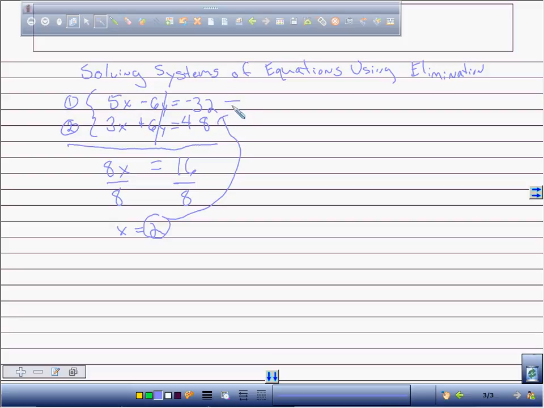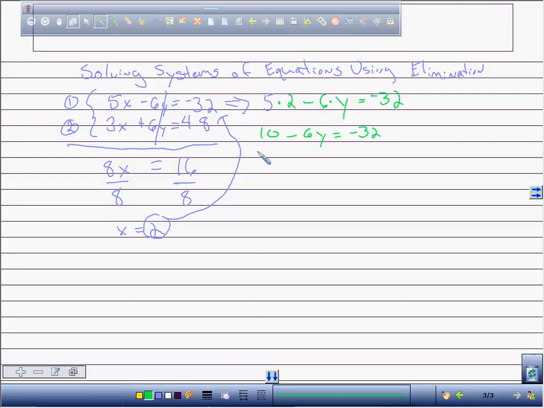If I plug x into this equation, I get 5 times 2 minus 6y equals negative 32, and then I have to solve that for y. So I get 10 minus 6y equals negative 32.